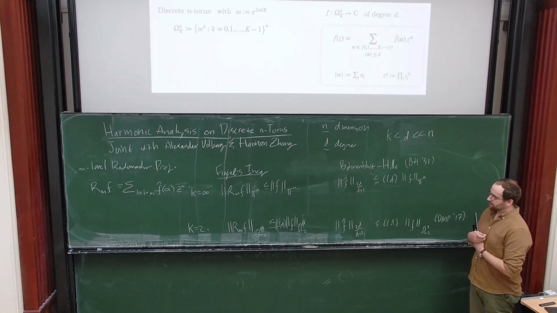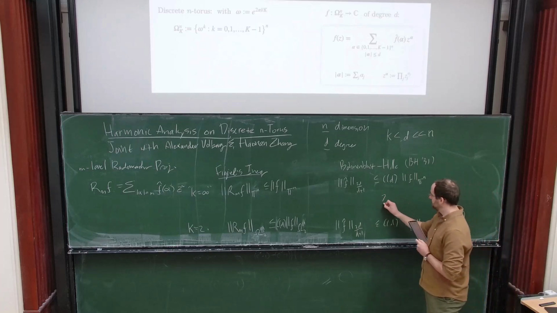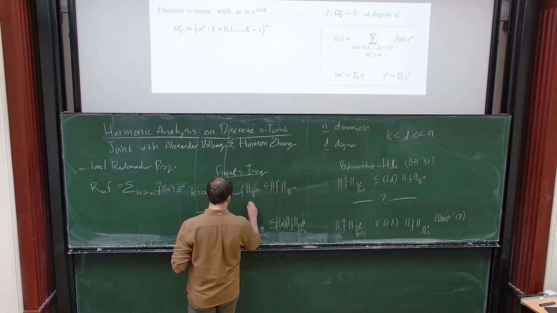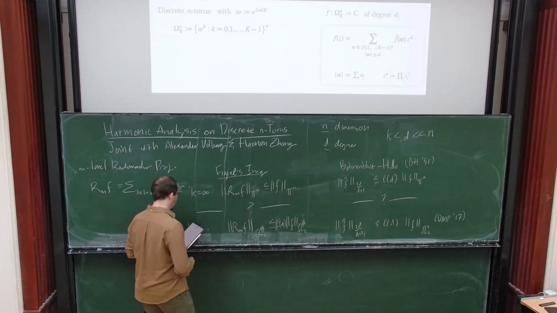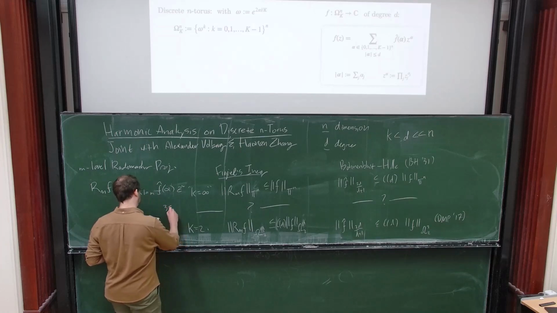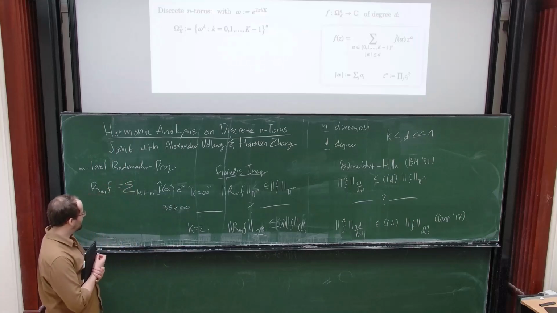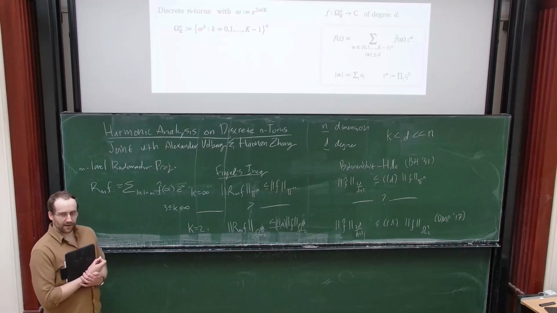And you can ask, if we want to do things in the style of analysis of Boolean functions, maybe we could also ask for these inequalities somewhere in the middle. So what's going on here, and what's going on here, for k strictly in between. And it turns out that things are kind of difficult.